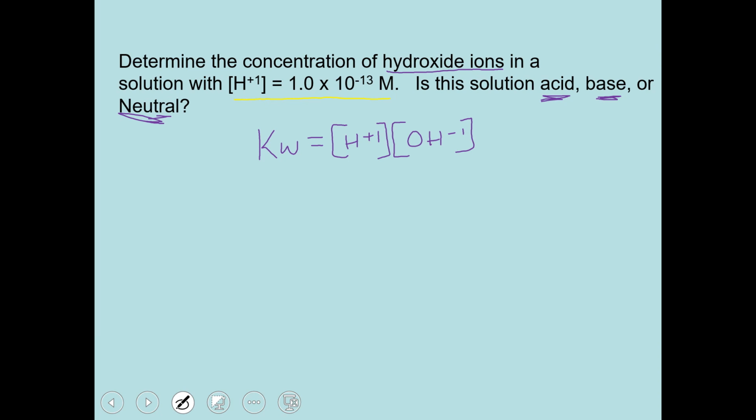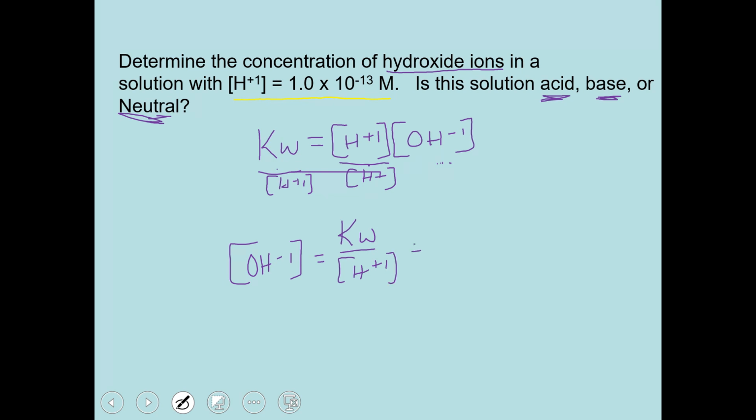The KW always has the same value, and we know the hydrogen ions, so if we know these two, we can easily calculate the hydroxide by solving for it. So we'll just divide both sides by that hydrogen ion, okay? And we get that the hydroxide ion concentration, that's what the brackets mean, is going to be equal to the KW divided by the hydrogen ion concentration.